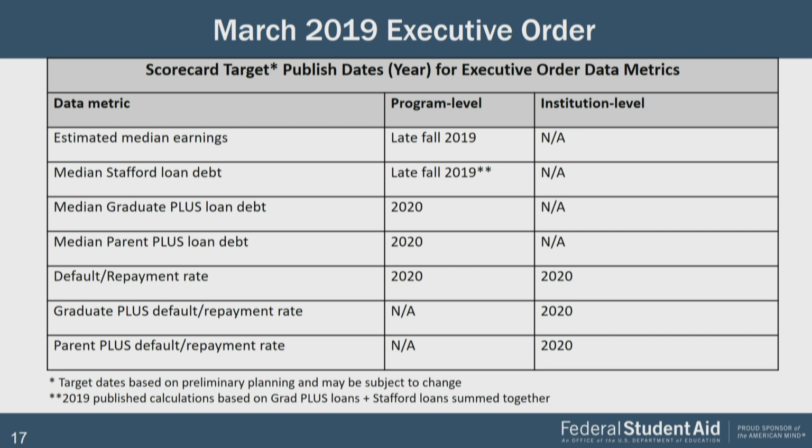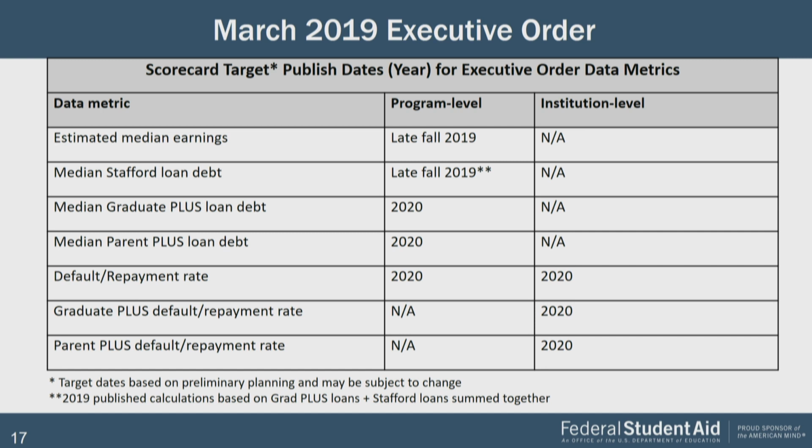So as of November 20th, we have published estimated median earnings and the cumulative loan debt. So that was just 2 or 3 weeks ago.